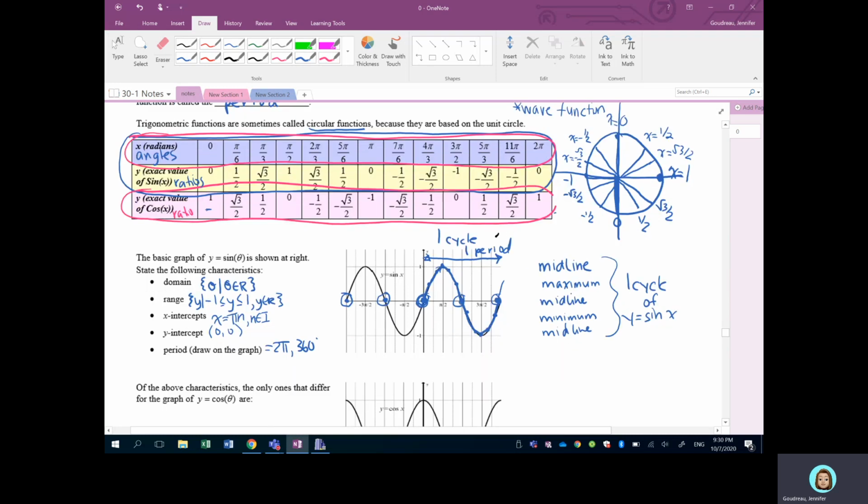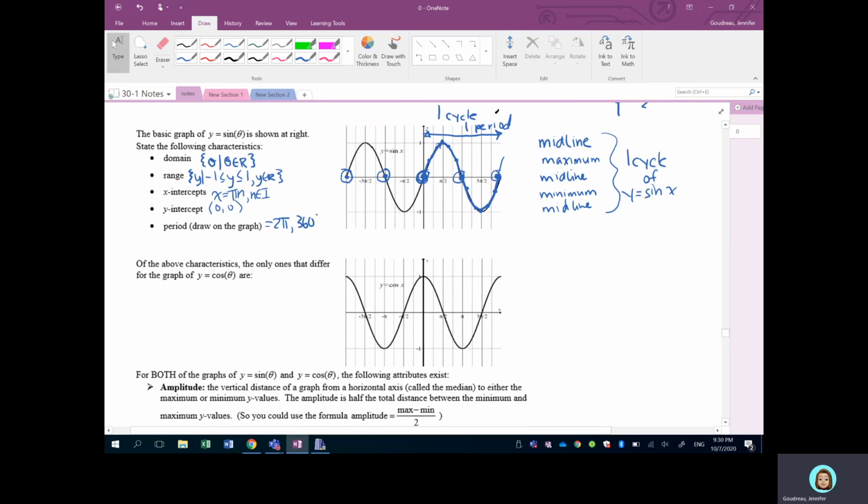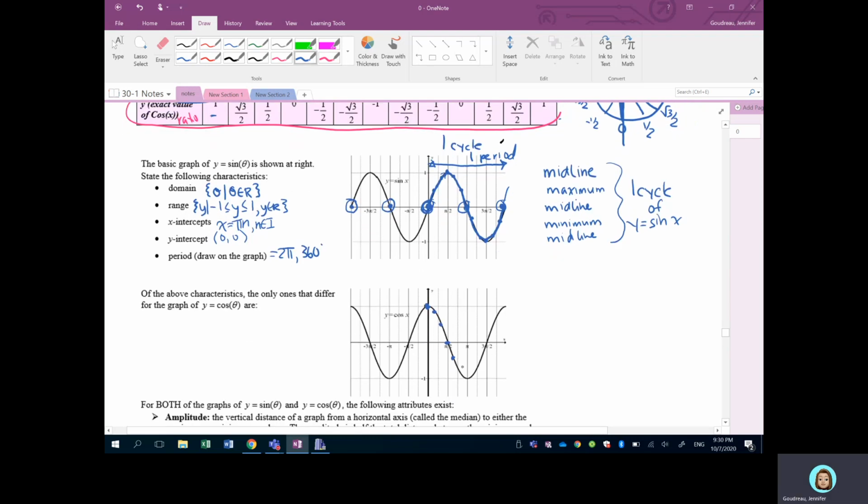So when we look at the graph of cosine, if we were to plot those points, at 0 we are at positive 1, and then we are at root 3 over 2, and then 1 over 2, and then 0, negative 1 over 2, negative root 3 over 2, negative 1, negative root 3 over 2, and we keep going.